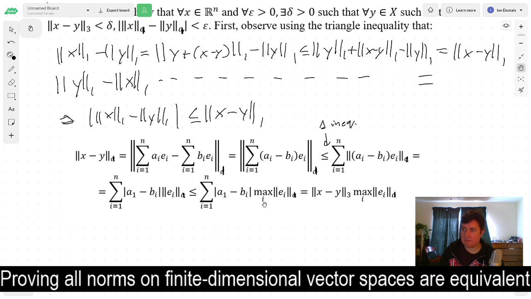Unless they're all the same size, then it's going to be equal. But if they're not all the same size, it's going to be bigger. So we get less than or equal to, switching in the biggest length of a basis vector.